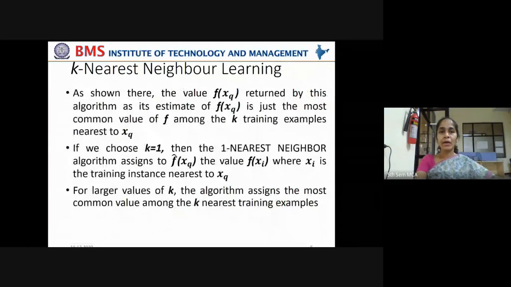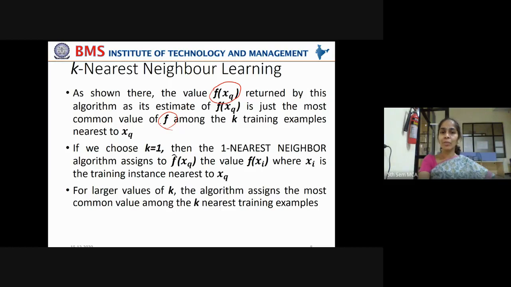Good. Now, as shown there, the value f cap of xq, that is the class into which it is classified, returned by this algorithm as its estimate of f of xq is just the most common value of f. That is what we have taken, right? It is most common with positive class than with negative class. So we have assigned it to a positive class.